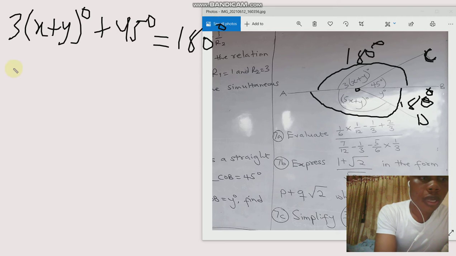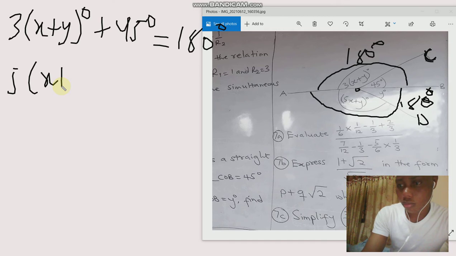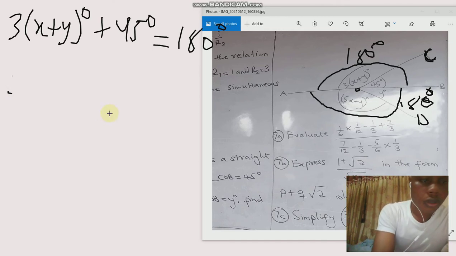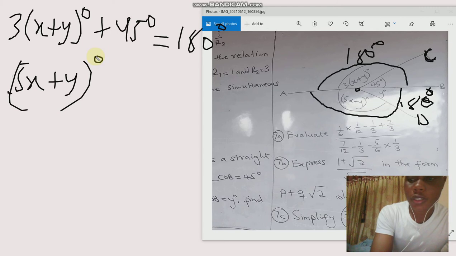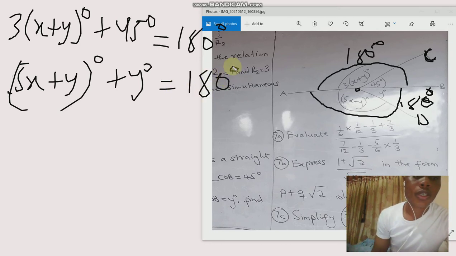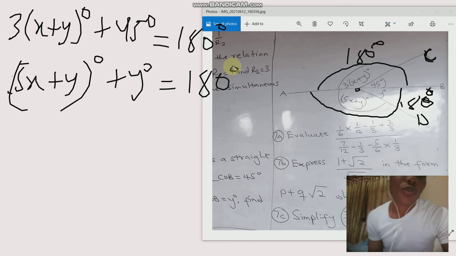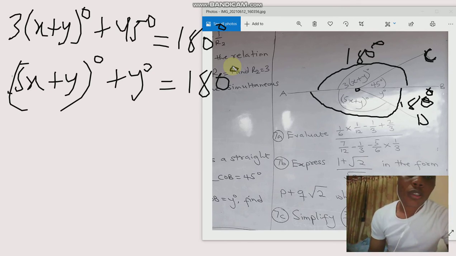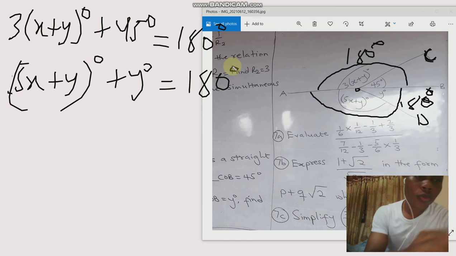And also we have 5x degrees plus y degrees, which is equal to 180 degrees. So what we are supposed to do is to solve these two equations simultaneously, to get the values of x and y.